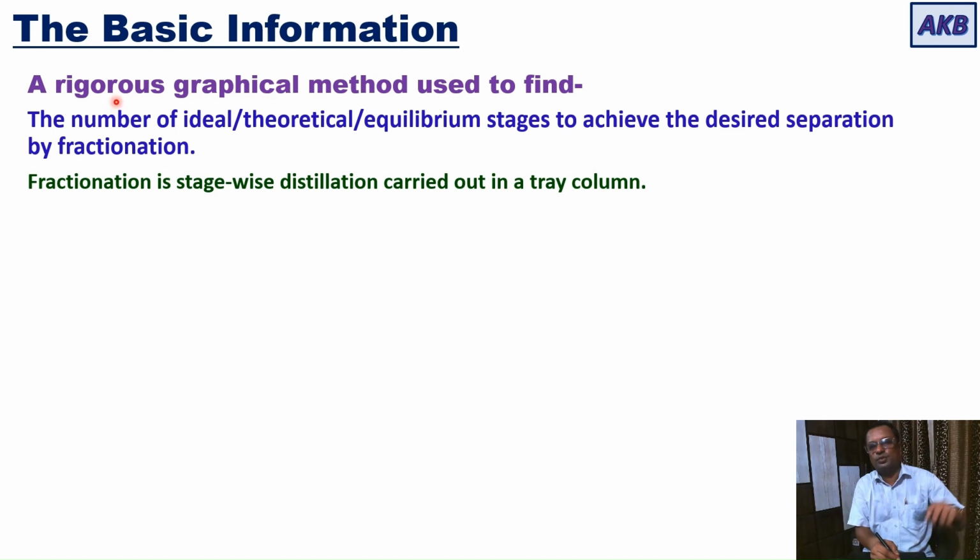Whatever limitations were there with the McCabe-Thiele method, all those limitations will be overcome in this method. So in simple words, we can describe the Ponchon-Savarit method as a rigorous graphical method that is used to find the number of ideal, theoretical, or equilibrium stages in a fractionating column to achieve the desired separation.